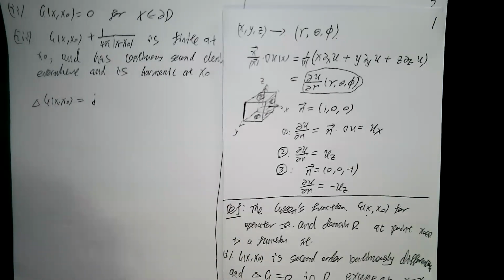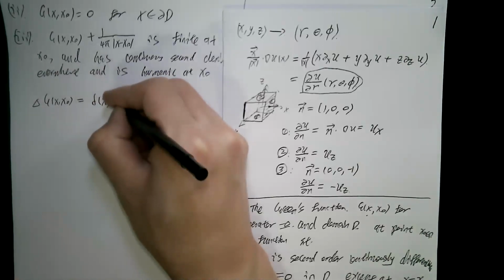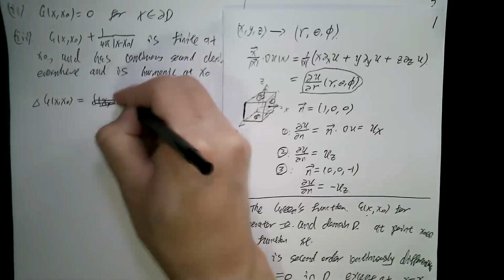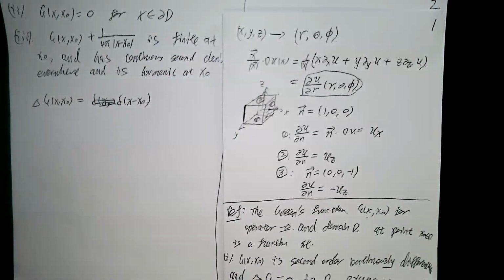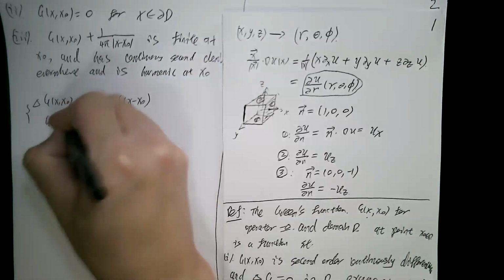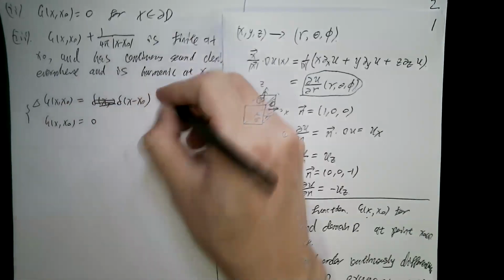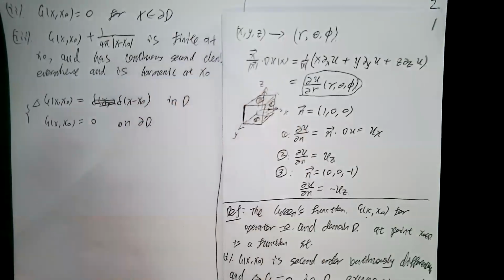It actually equals, not really 0, but delta(x minus x0), which is everywhere 0 except at x equals x0. And G(x, x0) equals 0 on the boundary. So this is the idea.